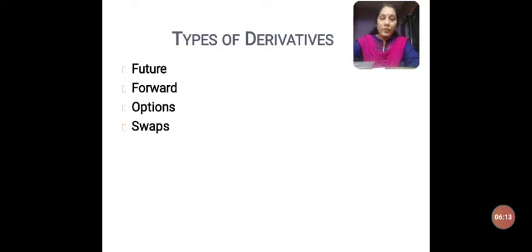If we have to take an example, there are two parties, A and B. A is a farmer who wants to sell his mangoes grown on 10 acres of land, and B is a party who wants to buy mangoes for his business. So A gets into a contract with B on 1st of January to sell the mangoes on 30th of March.